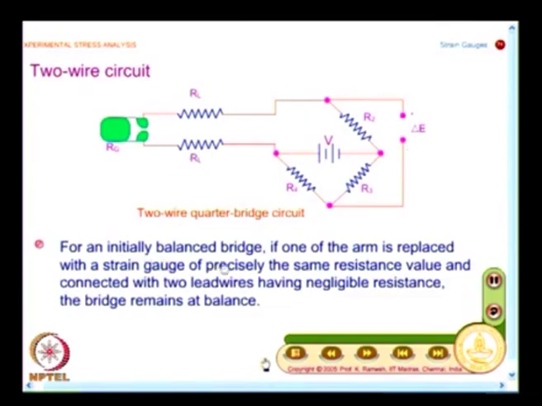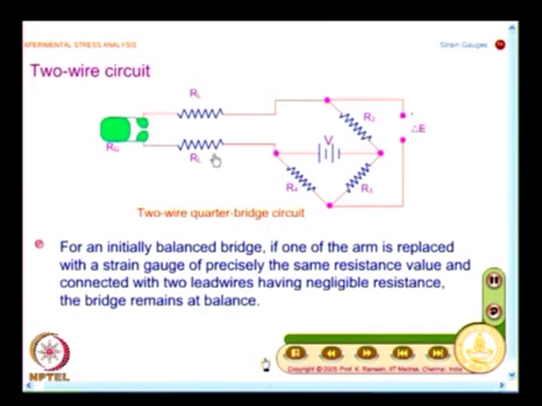For an initially balanced bridge, if one of the arms is replaced with a strain gauge of precisely the same resistance, we have already seen the reason for it. If I want to have high bridge sensitivity, each of the resistances connected in each of the arms should have the same value. When you connect with two lead wires having negligible resistance, the bridge remains at balance.